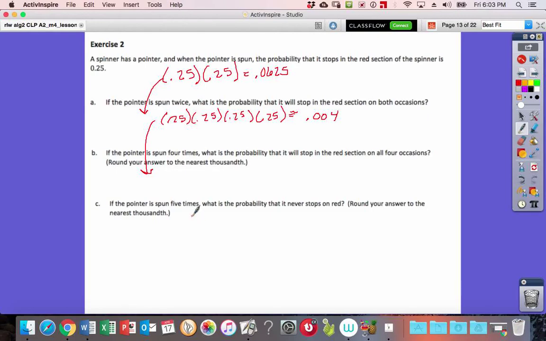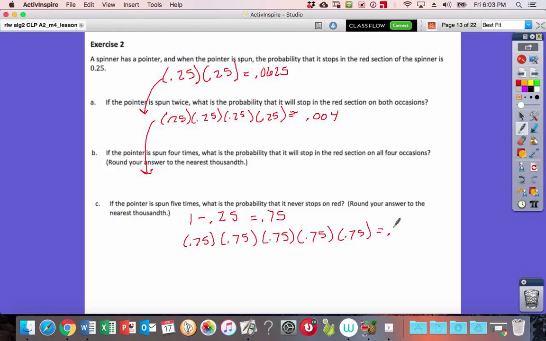Well, I'm going to say if it's 0.25 that it stops on red, then what is it that it never stops on red? Wouldn't that be, I'm going to use my complement rule, 1 minus 0.25 is equal to 0.75. So I would say 0.75 times 0.75 times 0.75, and so on for 5 spins.